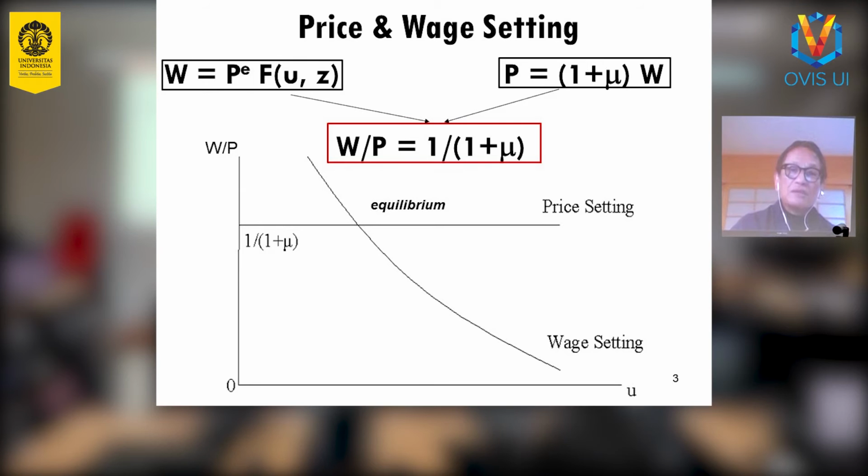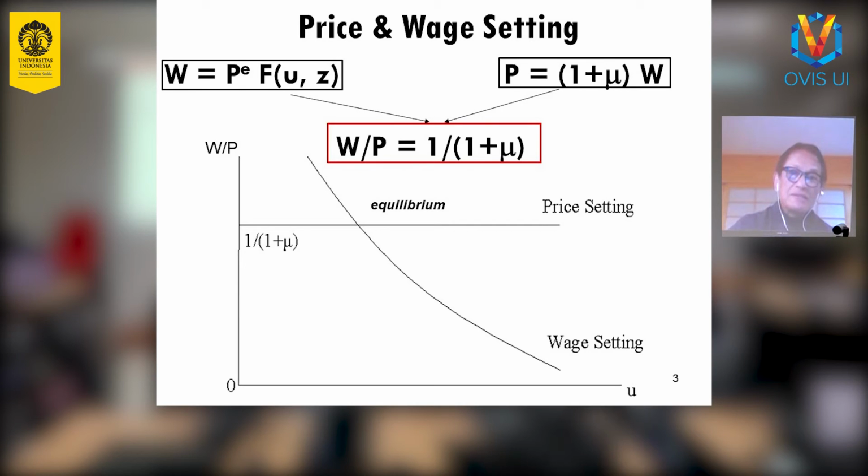Okay? So if you combine the two, or let's say you take this, you move the W to the left, and then you take the ratio to the P, this is what you get basically. Okay? So the real wages, because now the wages is divided by the price, that means this is the real wages.